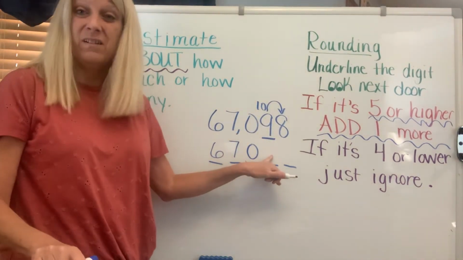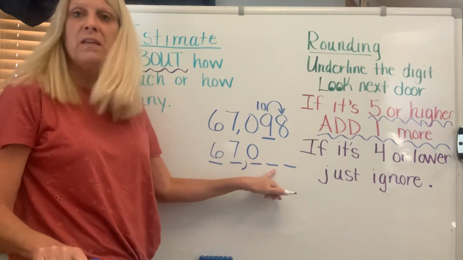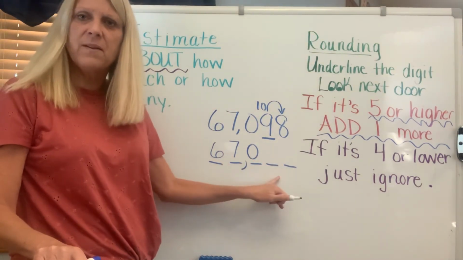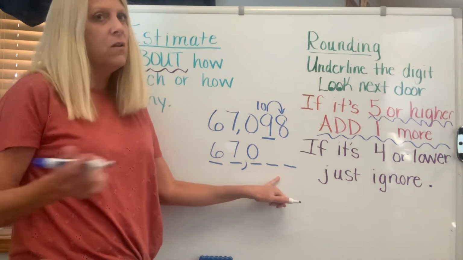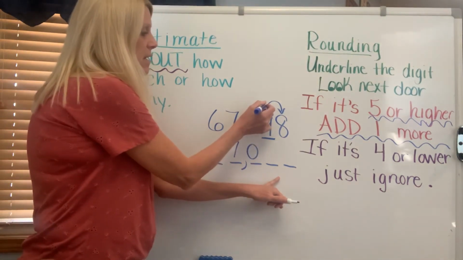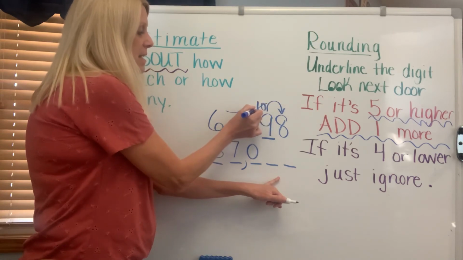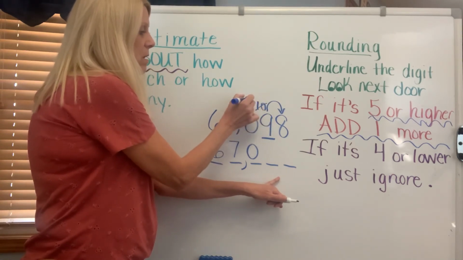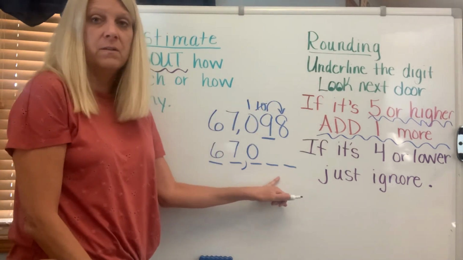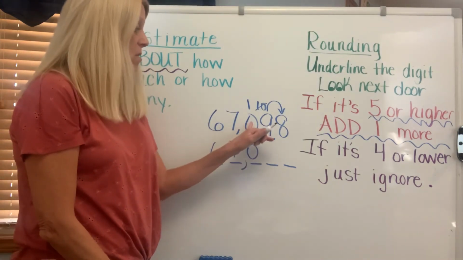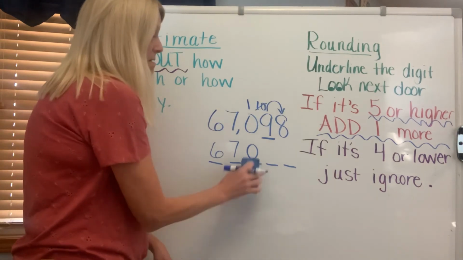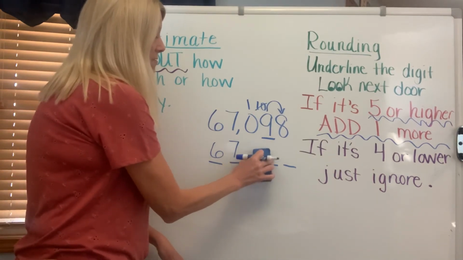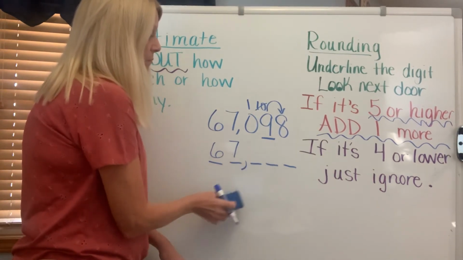Can I put a 10 in one place value? 2 digits in one place value? I can't, can I? So what am I going to do? Well, we know that 10 tens is equal to 1 hundred. So here is one instance where not everything to the left is going to stay the same.